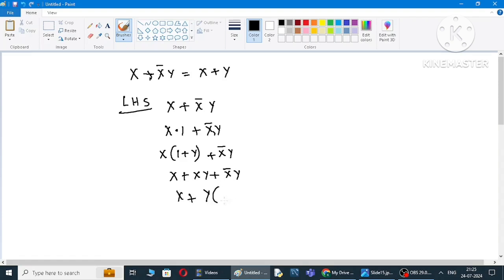X plus y is taken commonly and written as x plus x bar inside. Now this, according to the law of complementarity, x plus x bar is equal to 1. So x plus y. This is the right hand side. Hence the proof of the third distributive law.